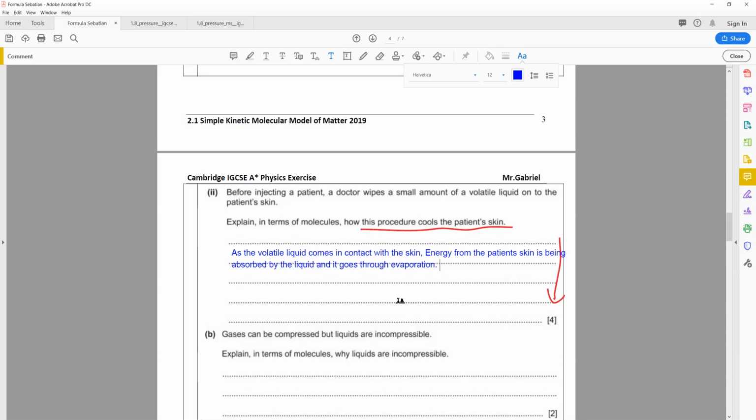Energy from the patient's skin is being absorbed by the liquid and goes through evaporation. Since the energetic molecules evaporate and escape to the surrounding, the less energetic molecules are left behind, giving a cool sensation.